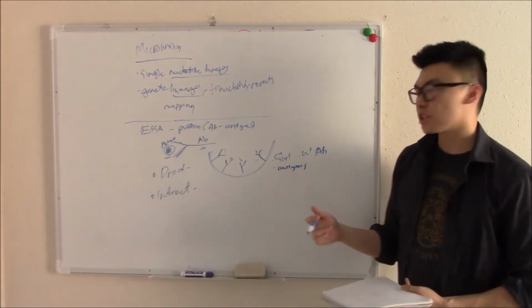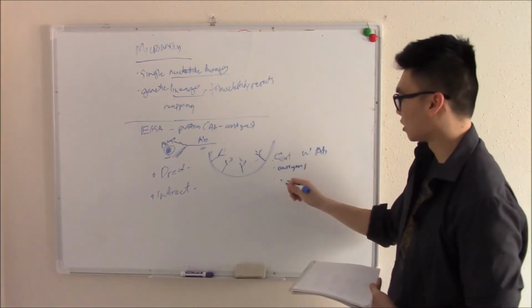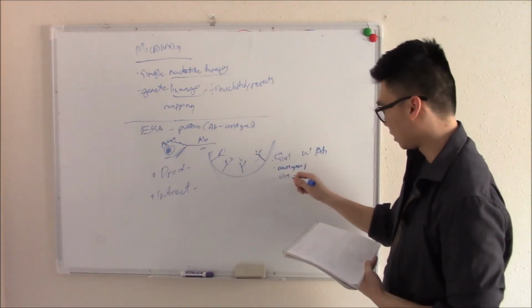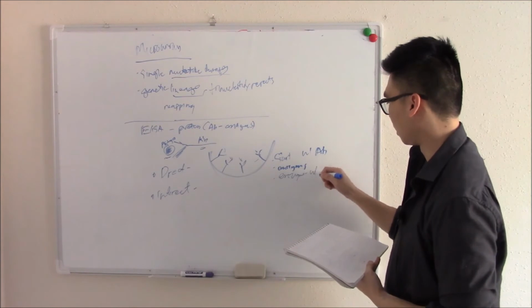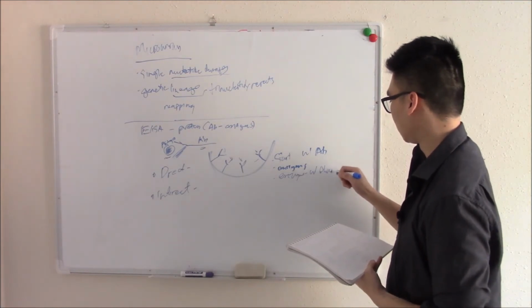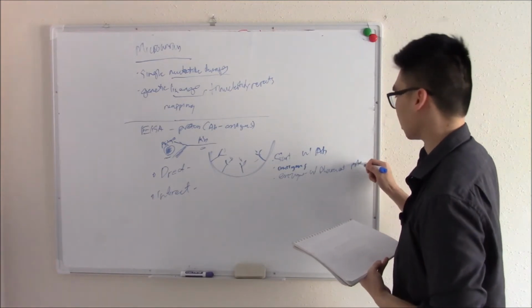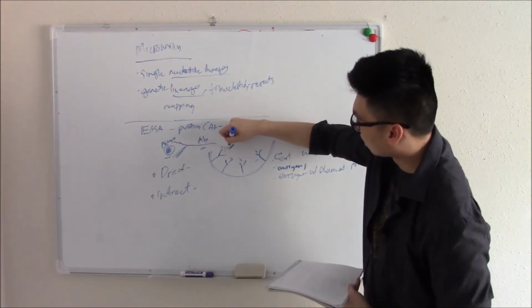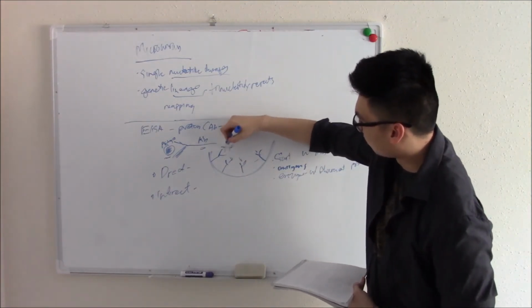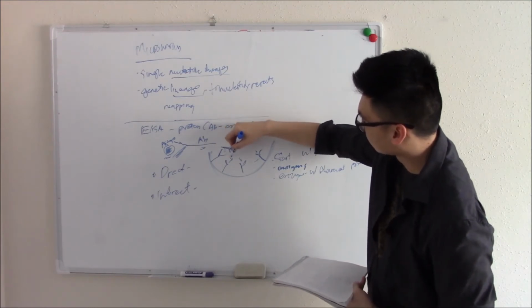So you introduce the antigen, it binds. Now you introduce an enzyme with a fluorescent probe, essentially. And that will bind the complex.